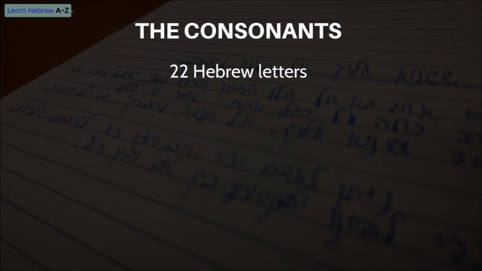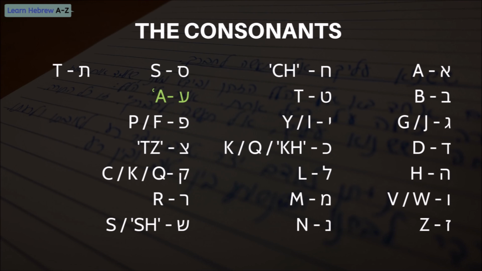The consonants in Hebrew are represented by the 22 letters of the language. Here is a table of the consonants with their matching English letters.